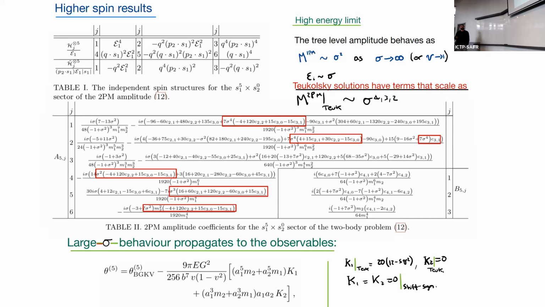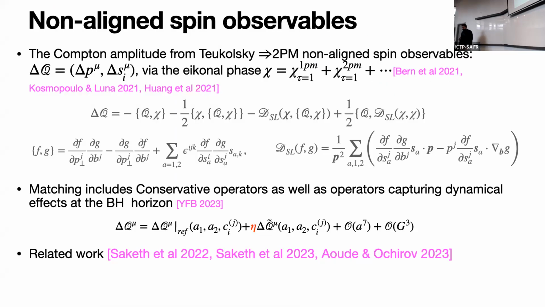This one is 0. If you plug in the chiral symmetric solution from Bern et al., you get a well-defined high energy angle because these K1 and K2 functions are 0. So you can use this amplitude and compute observables for the generic spin orientation using, for instance, this eikonal formula that Bern and collaborators wrote.